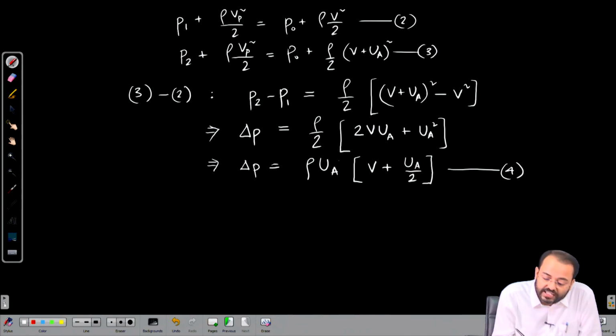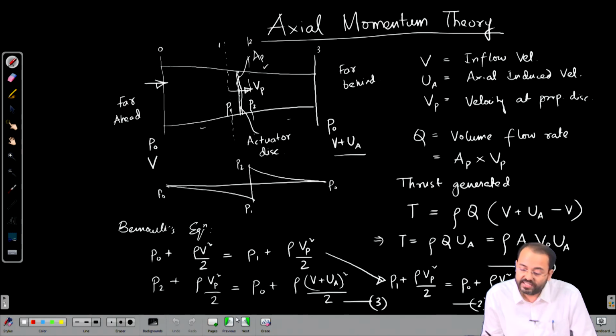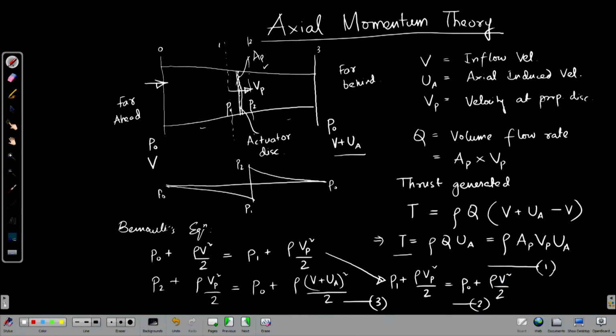How? The thrust produced will be this pressure jump times the area of the propeller disc. So, how is the thrust related to the velocity UA? We have already derived it on the last page. Here thrust is rho times the area of the propeller disc times Vp times UA, equation 1.